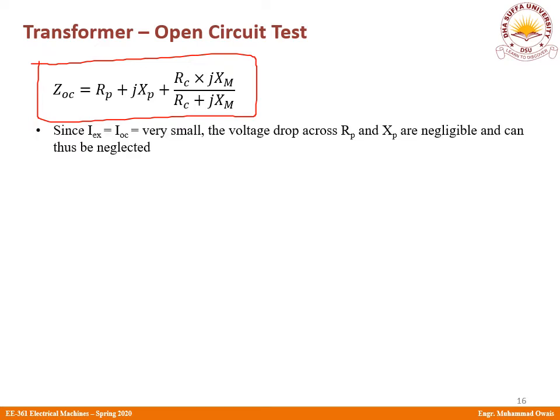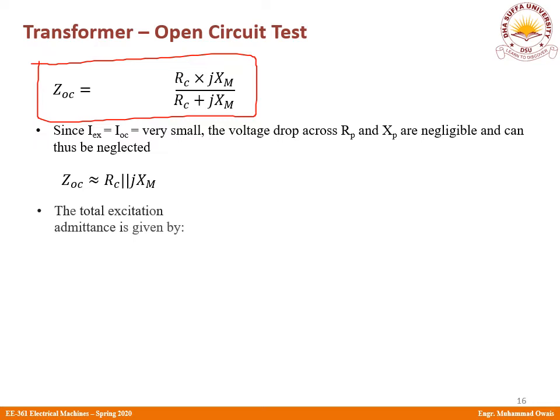As you can see here, the voltage drop across Rp and this jXp can be neglected. And when we do so, this is our total impedance in the circuit. This we know is simply now the parallel combination of these two impedances.